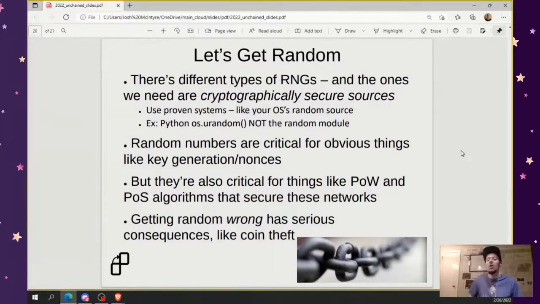It has to be hard for an attacker to start and sustain an attack on the decentralized blockchain. Getting random wrong has very serious consequences. Of course, the biggest one being coin theft and other consequences like an attacker being able to gain control of the system through something like a 51% attack. I mean, it could be a 100% attack if we find out that SHA or some other hash function that's used in these systems is broken.